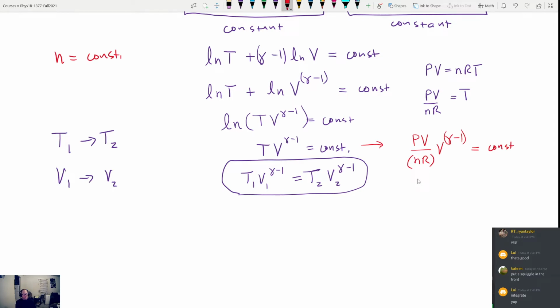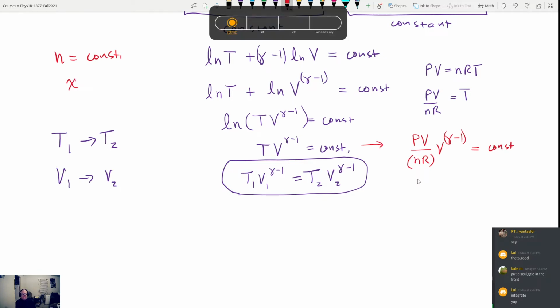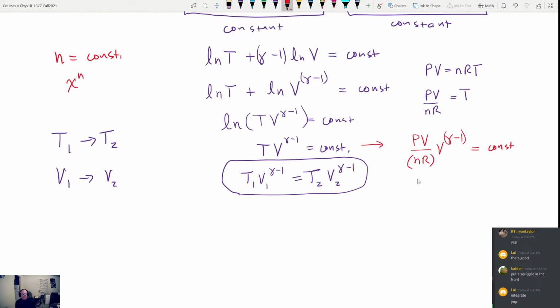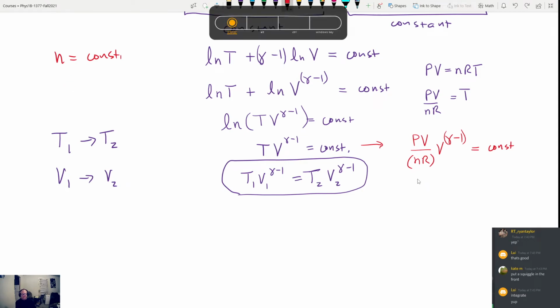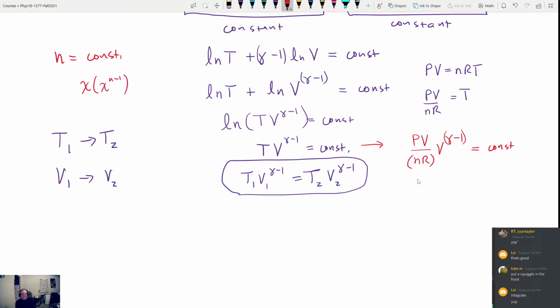But then we can also say V times V to the gamma minus 1. What's that equal to? If you have something like x to the n, and you multiply that times x to the n minus 1, or rather, we're taking x and multiplying it times x to the n minus 1, that's what we're doing. What's that equal to? You add the exponents, right?